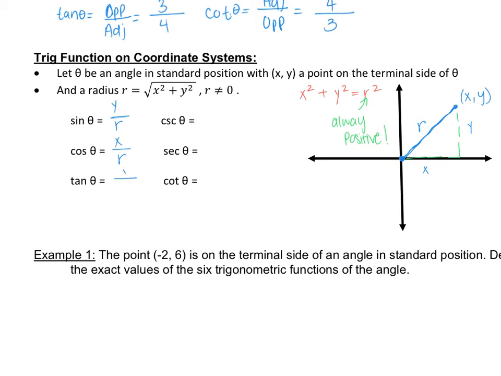And tangent will be y over x, like we have talked about before. Cotangent will be x over y, because it is the reciprocal of tangent. And then the rest are reciprocals, so we'll have cosecant be r over y, and secant is r over x. So all we're doing here is rearranging our trig function ratios in terms of x, y, and r.